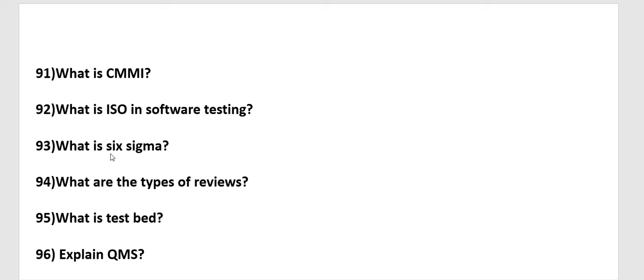What is Six Sigma? Six Sigma is a set of techniques and tools for process improvement. Six Sigma seeks to improve the quality of the output of a process by identifying and removing the causes of defects. It uses a set of quality management methods and creates a special infrastructure of people within the organization who are expert in these methods.